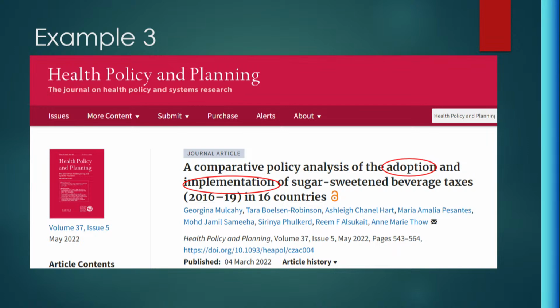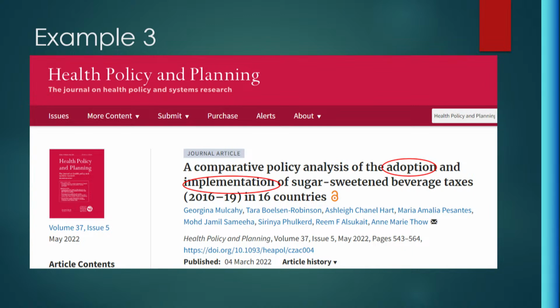Okay. Just having a guess without looking at the methods, what do you think might be the paradigm underpinning this one? Implementation should give you the clue. Realism, yeah. Possibly a realist study. Let's see though, I'm not absolutely sure, I don't remember.